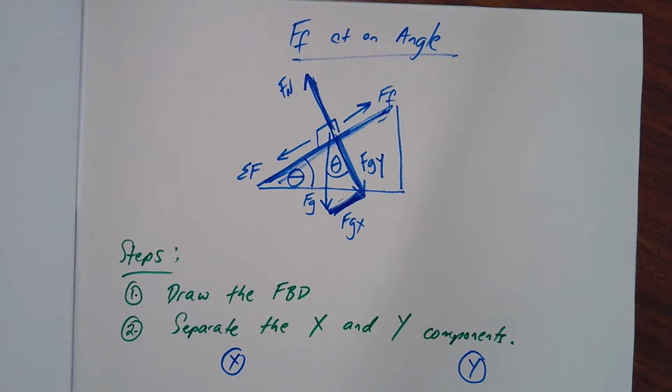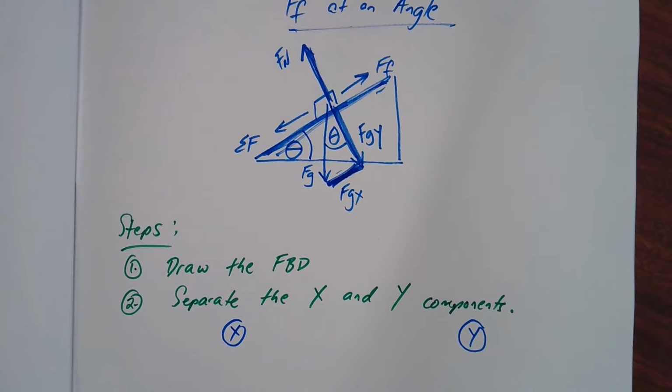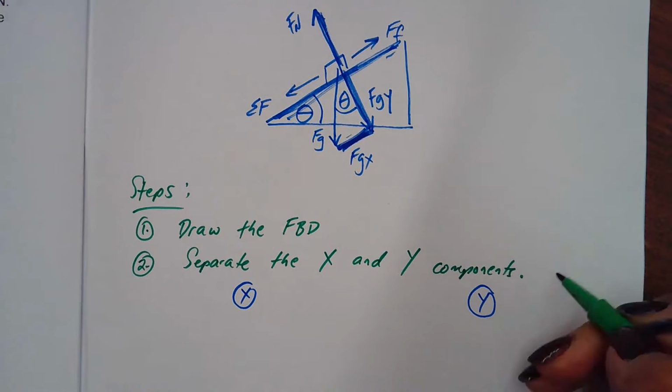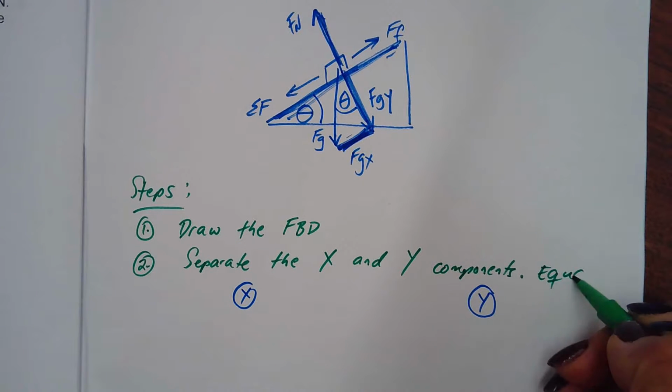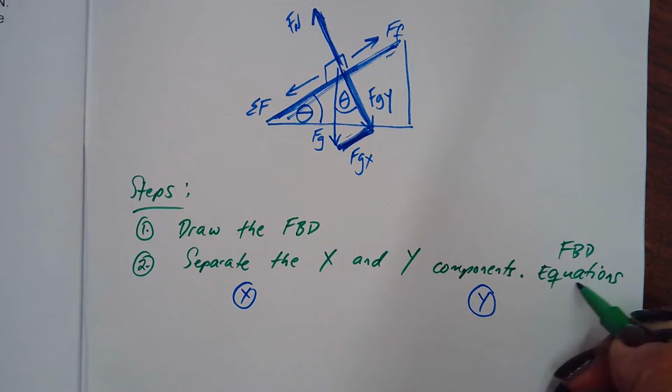So step 2, you're going to split it up. It's like taking a machine and you're figuring out how it works, so you separate the components, right? So we're going to split the X and the Y components now and write the equation. So I'm going to add here, you're going to write the FBD equations.